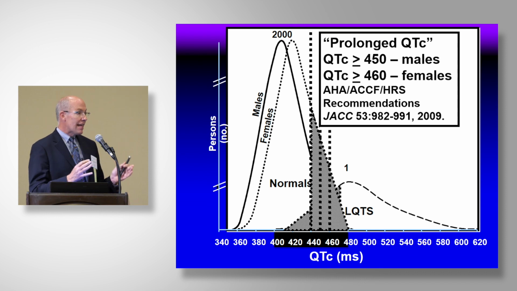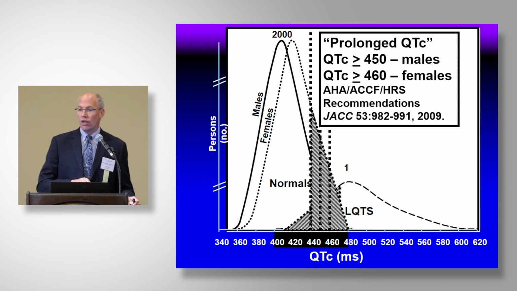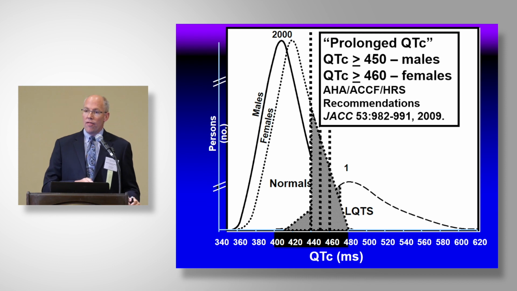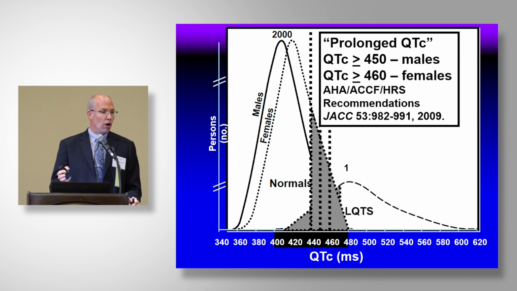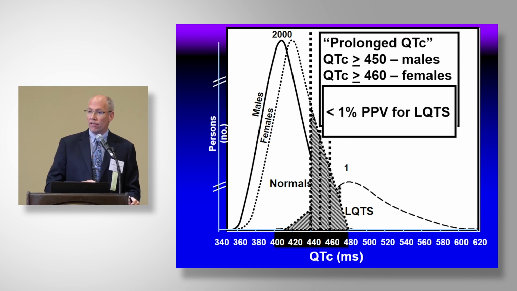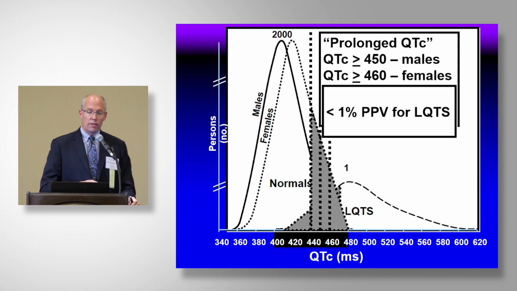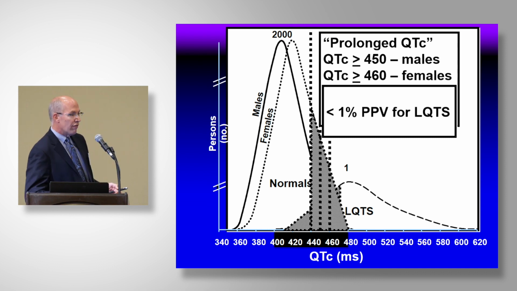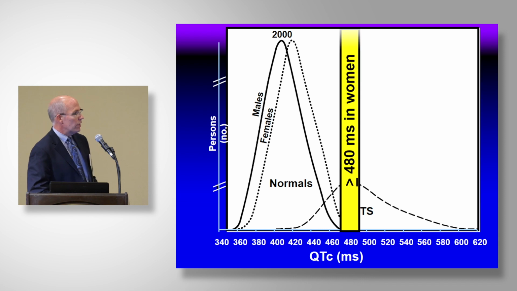But even if that satisfies a guideline definition of prolonged QTc, that doesn't equal long QT syndrome in an asymptomatic host. Well, it actually does, just less than 1% of the time. So just because you satisfy a guideline definition that's been put out there doesn't mean that these are the good thresholds or cutoffs to establish a screening program.